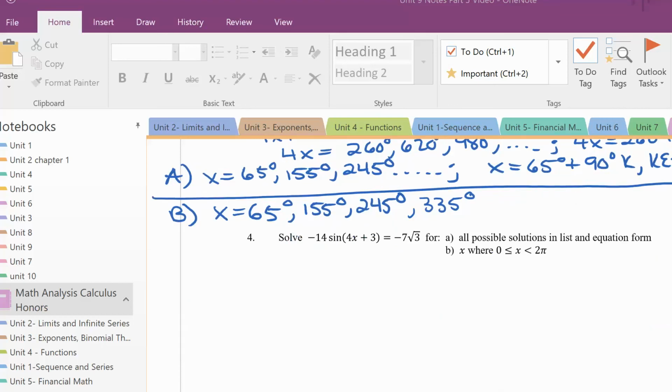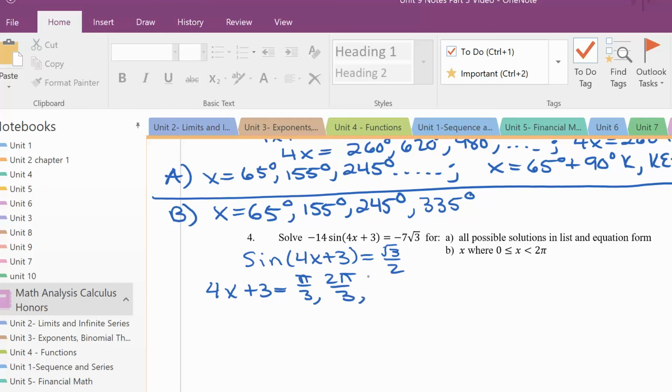All right, so number 4, it says sine 4x plus 3 is equal to, and then we divide by -14, so I get rad 3 over 2. So the sine is rad 3 over 2 at pi over 3, so 4x plus 3 is equal to pi over 3. It's also positive at 2 pi over 3.